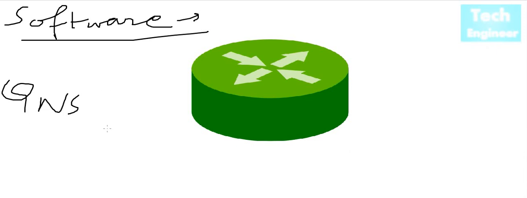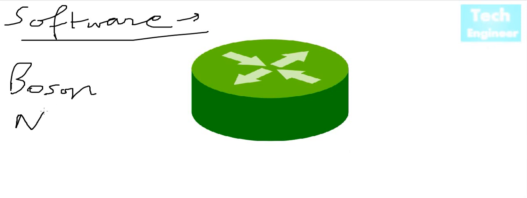And another popular one is Boson NetSim. It's paid software, used in CCNP training, but we will get information from Boson also.